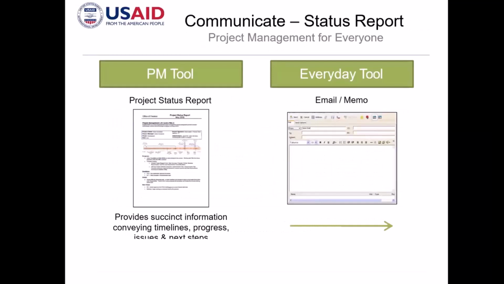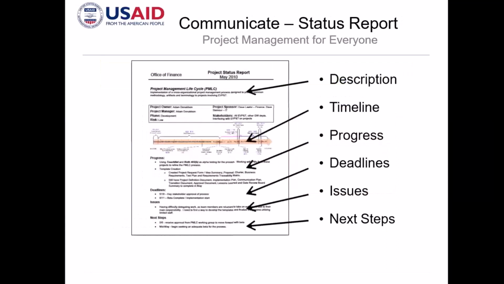And as I've mentioned, part of your communication plan is your status report, which should also be attached as an appendix to your project plan on how you will do your status report. So as you can see here, this is the basic of a project status report.